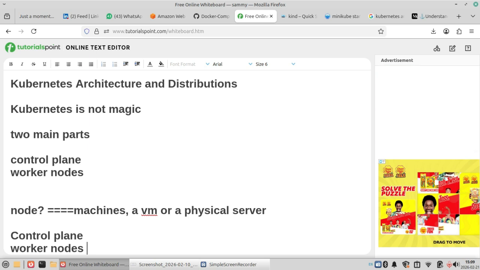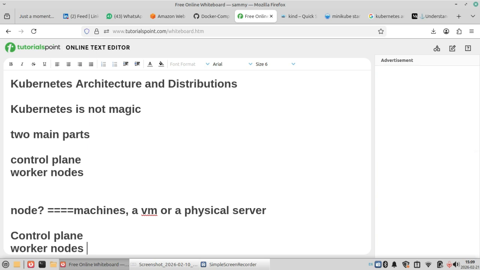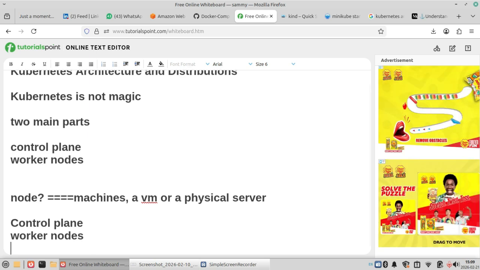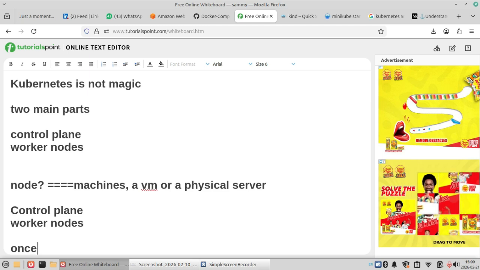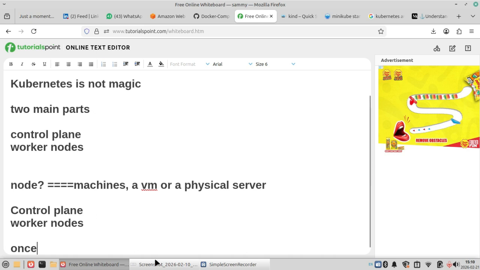Now, some people may think that the control plane is a special server that only exists once. But in production, you usually run multiple control plane machines. This is usually for high availability, but conceptually, it is still one logical control plane. So let us take a look at the major components in the control plane.